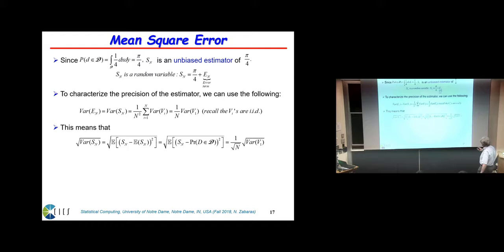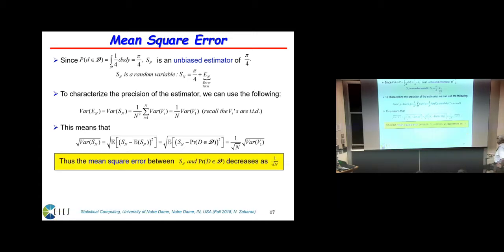I will generalize this and show you that this is independent of the dimensions, but for now, this is what the error is. So the mean square error between this sample estimate and the true estimate decreases as 1 over square root of n. If nothing else, this is what you need to remember at this point.